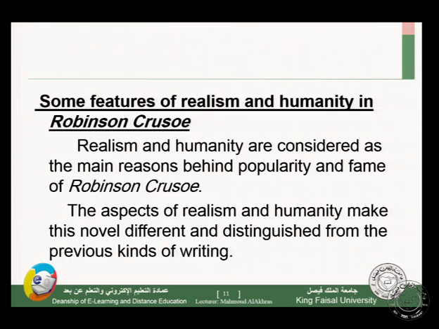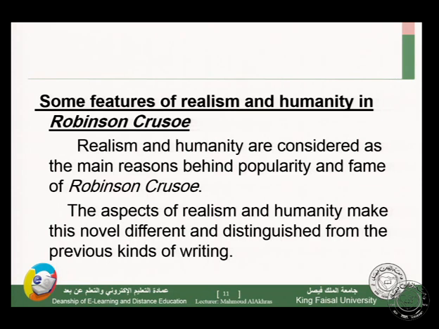Now let's see some features of realism and humanity in Robinson Crusoe. Realism and humanity are considered the main reasons behind the popularity and fame of Robinson Crusoe. So if I ask you what the reasons behind the success of this novel are, two reasons are humanity and realism.